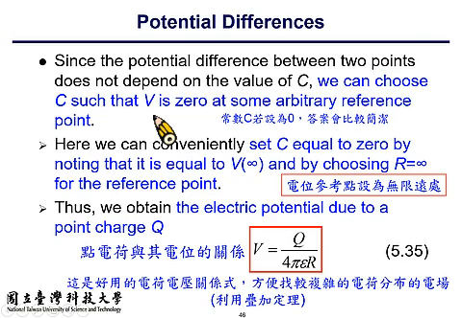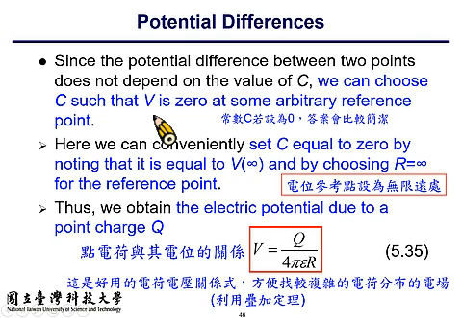So by assuming that the potential at a very far away place is 0, the relationship between the amount of charge and the voltage V is V equals Q over 4 pi epsilon r. So we see that the voltage, the potential, is inversely proportional to the distance r.